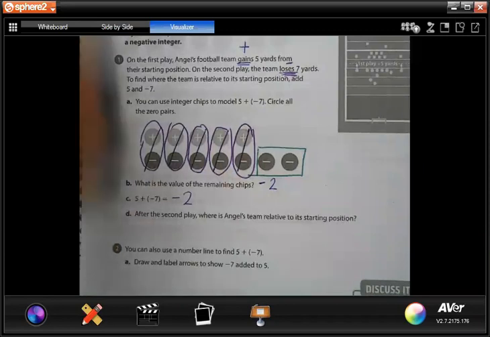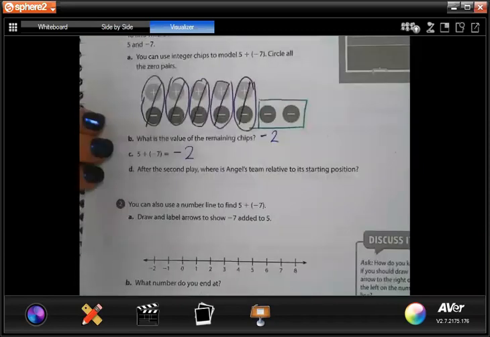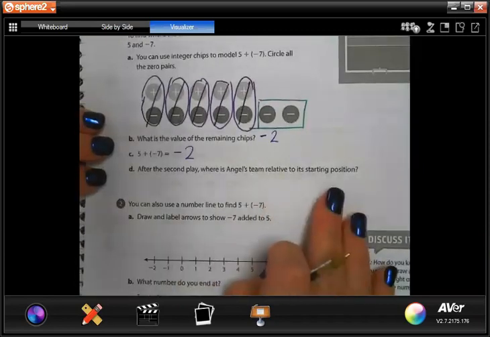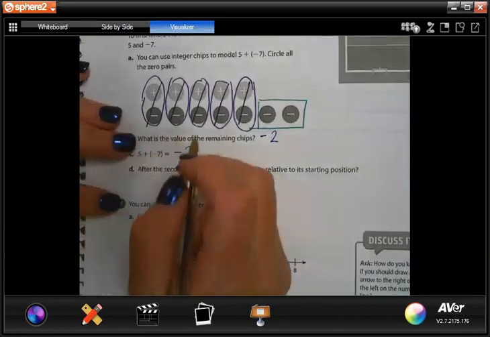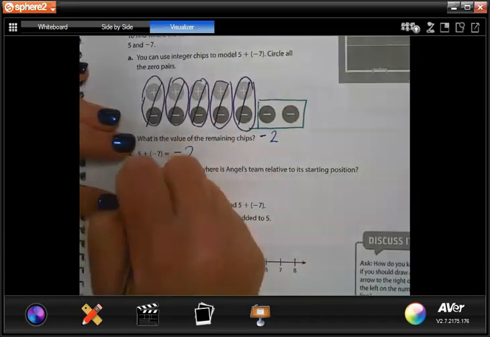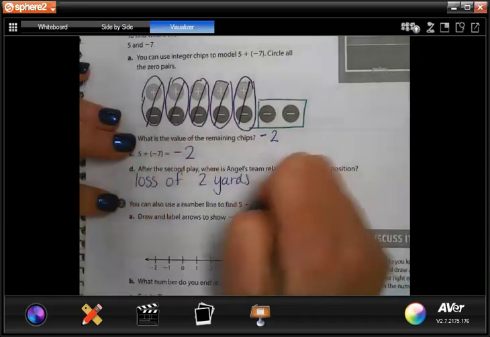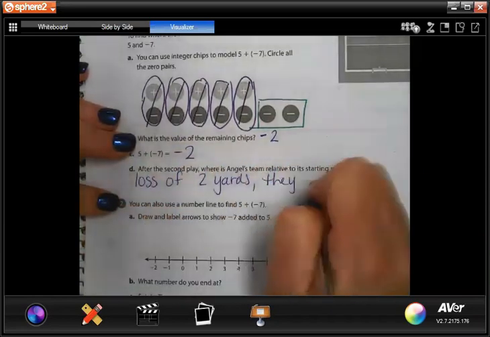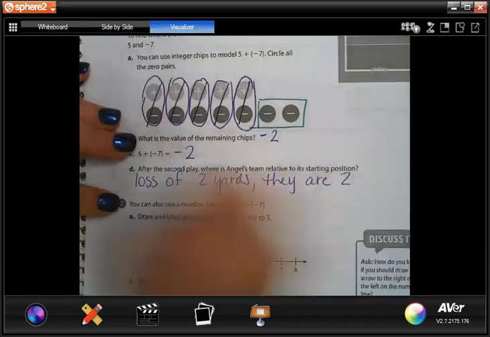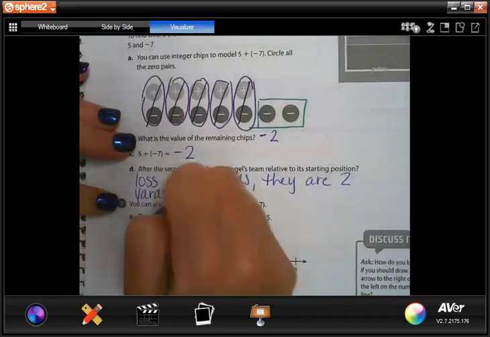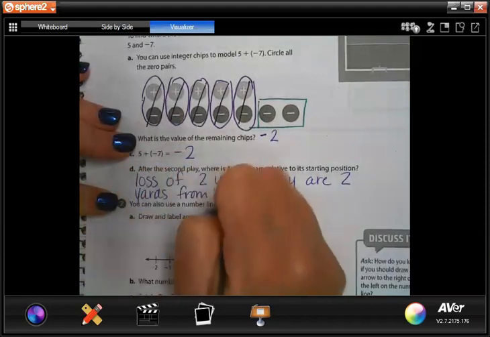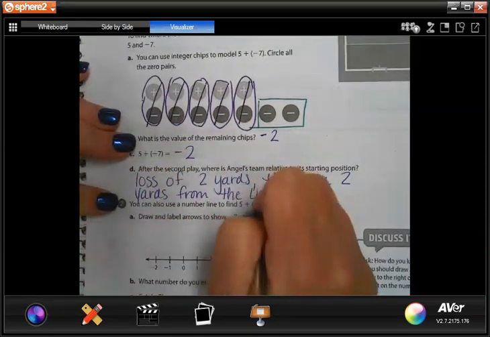So the question asks, after the second play, where's Angels team relative to its starting point? They have a loss of 2 yards. So they are 2 yards from the line of scrimmage. I think that's what it's called.